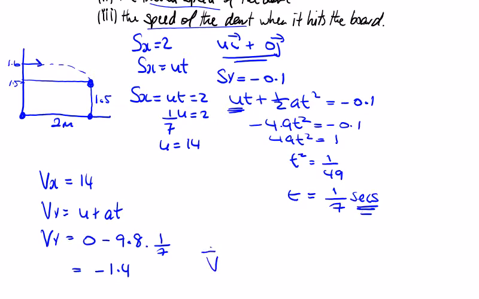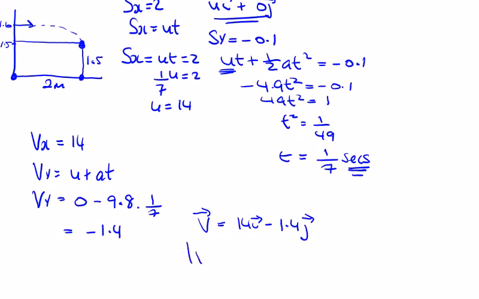So my final vector is 14i minus 1.4j, and the speed of it, the magnitude of this velocity, is the square root of 14 squared plus 1.4 squared. That works out to be 14.07 meters a second. So short enough, and that's it for question 11.